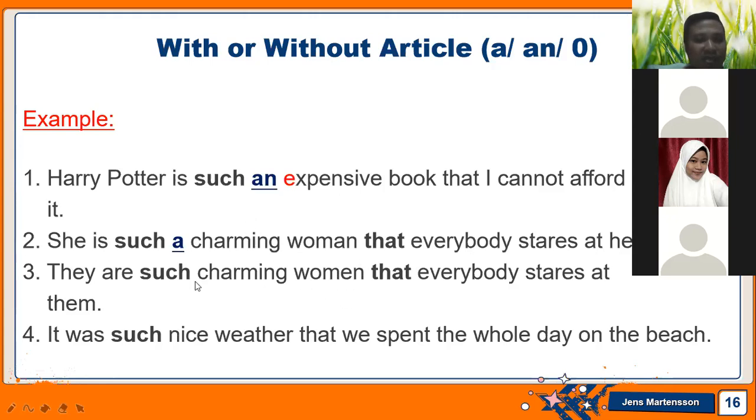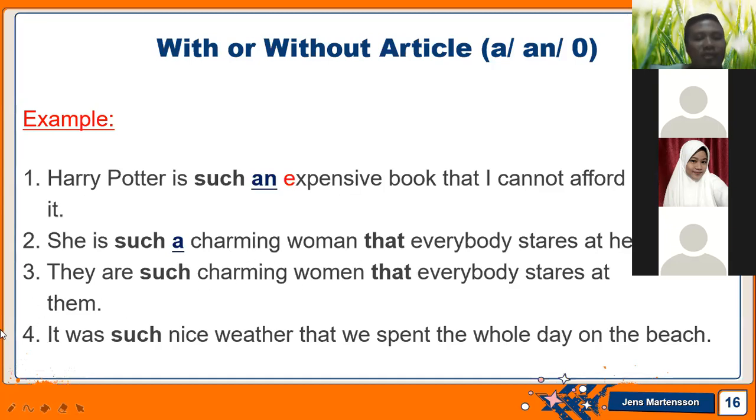They are such charming women that everybody stares at them. You cannot say they are such a charming woman, or they are such a beautiful people, or they are such clever students with an article. Because it's plural, you don't need an article here. It's only for singular.